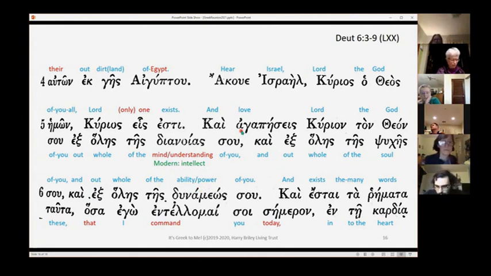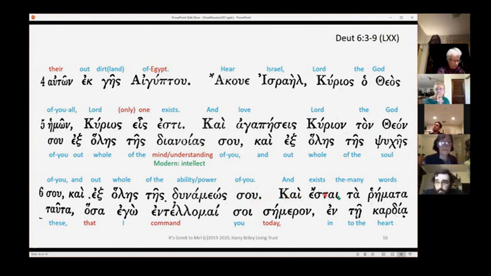And you get this long sentence, and the only verb is right here, love. So these are all phrases as to how we should love. Finally, you get a period sign.